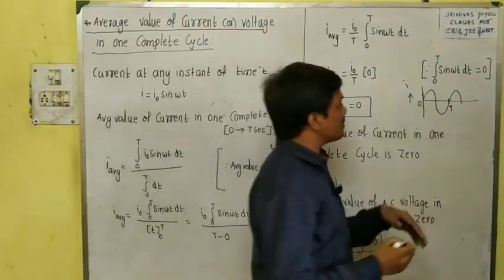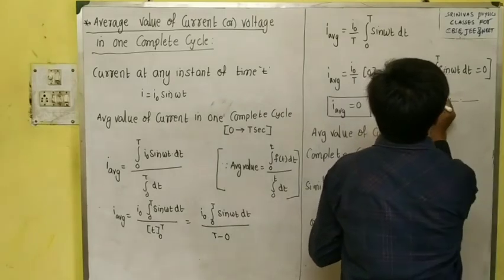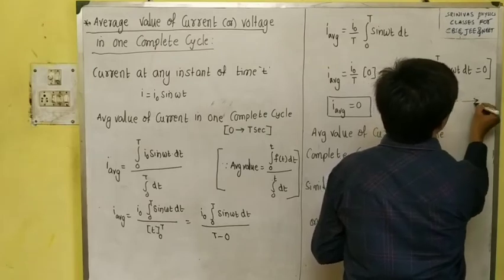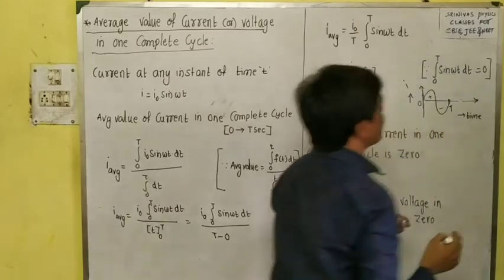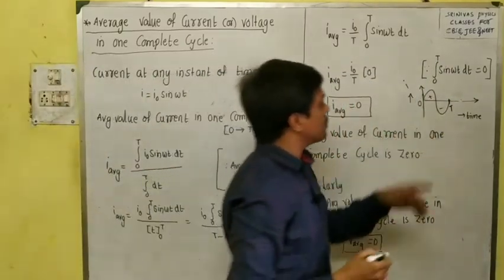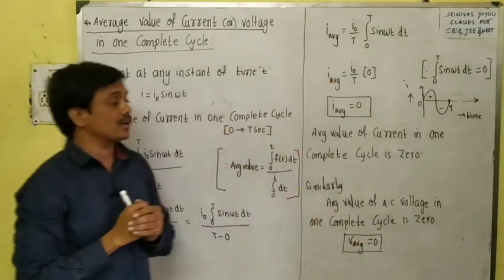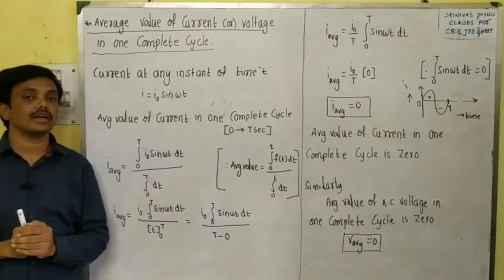In a half cycle, if you take only the positives, you will not get the negative. This is how to find the average value of current in a complete cycle.